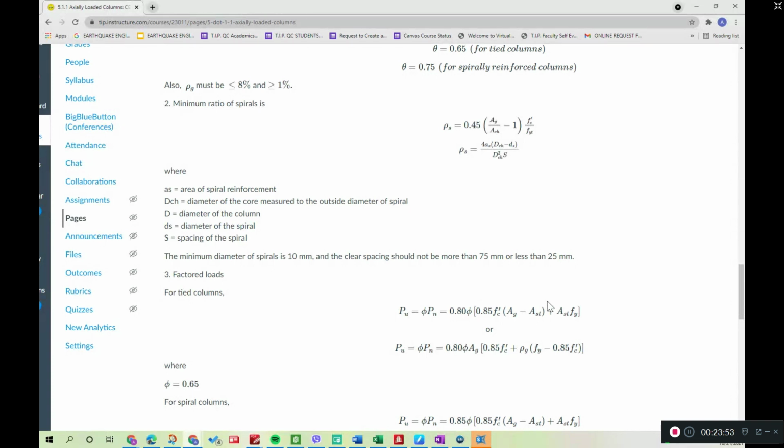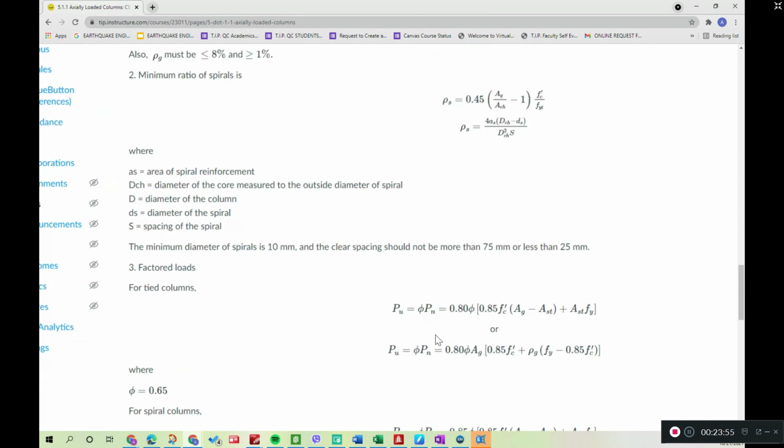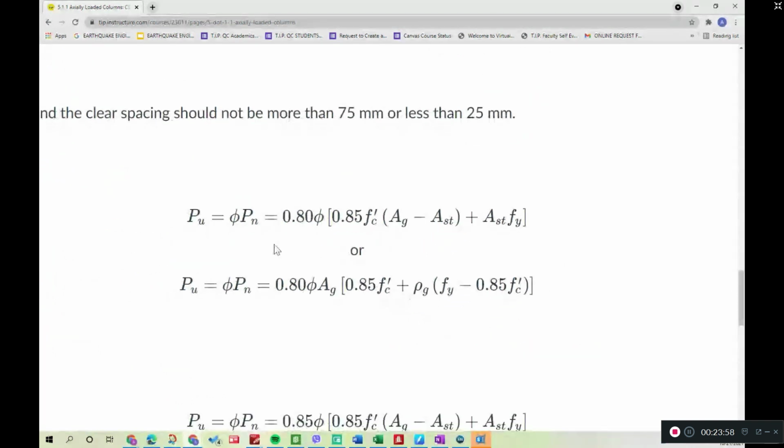Okay. Factored loads for tied columns. So this is it. P sub u should be less than or equal to phi P sub n.